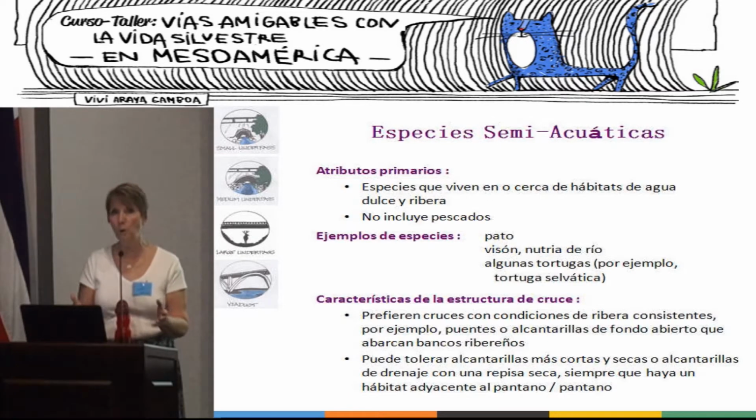A lot of our water conveyance structures, like bridges and culverts, suit that, but many of them, and we'll see some of these on our field trip, have water from basically one side of the structure to the other, which essentially makes it so these guys are having a harder time getting across. So what we want to do in this case is make sure that there is some dry substrate so that they can easily go past.